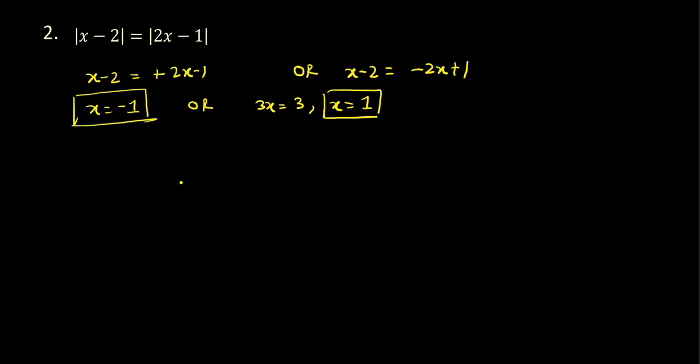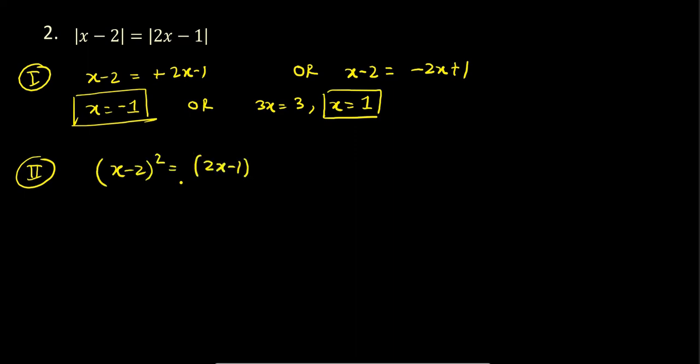This is your method number 1 and method 2. Let us verify the result by using the squaring method. Let us quickly square these. X minus 2 whole square is equal to 2x minus 1 whole square. So this is x square minus 4x plus 4 is equal to 4x square plus 1 minus 4x. I can cancel these minus 4x on both the sides.